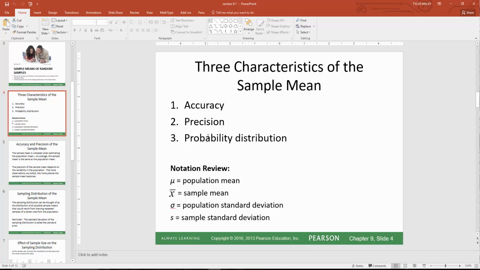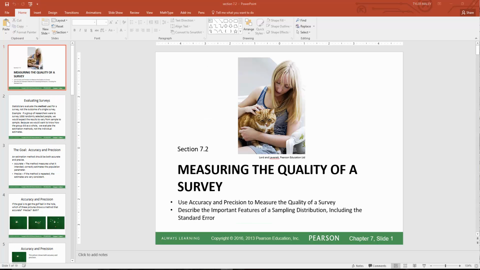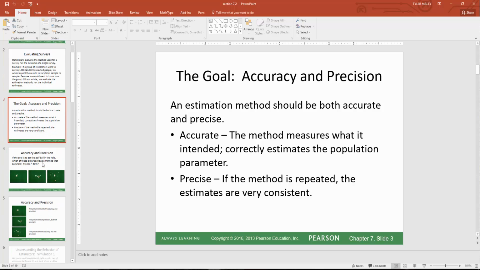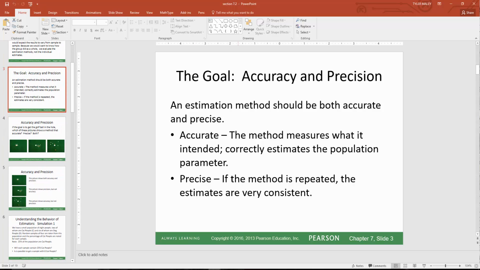We looked at this in, was it early chapter 8, I think? The section where we talked earlier about accuracy and precision was 7.2. Just to remember, if something is accurate, does the method measure what is intended?